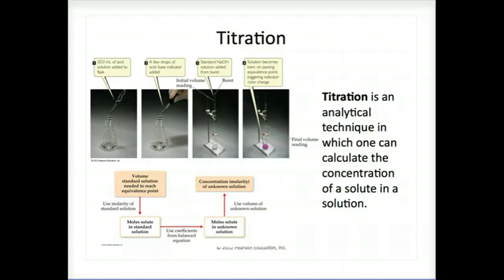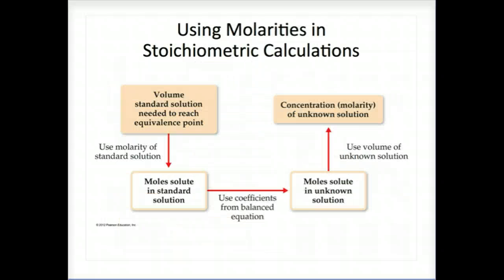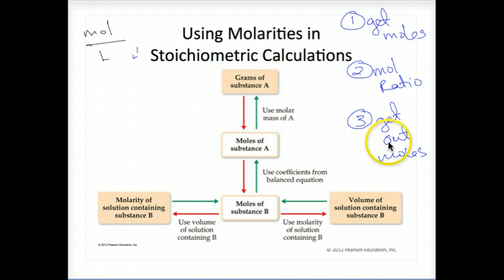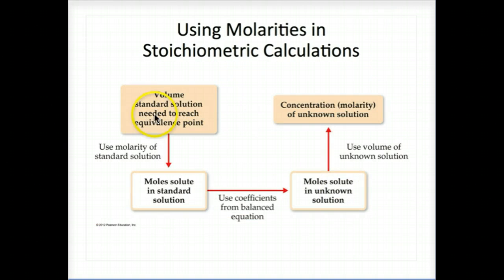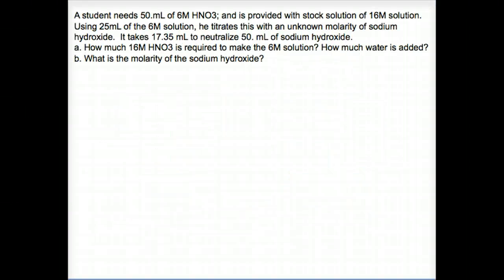There's a variety of clues for us, but ultimately it's that color change that allows us to recognize when we have hit the endpoint, when we have finished our reaction. Again, we're still following our same basic rules. You get a volume, you get to moles, use the coefficients, and out, and that's basically all we're doing.